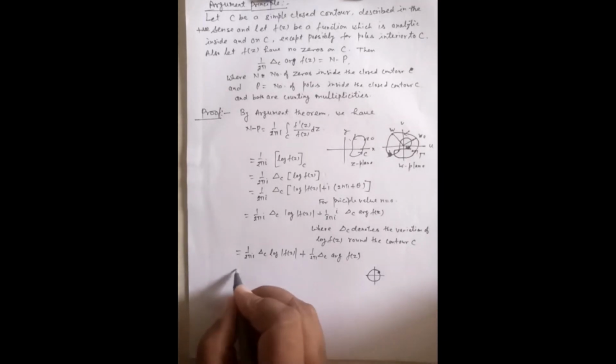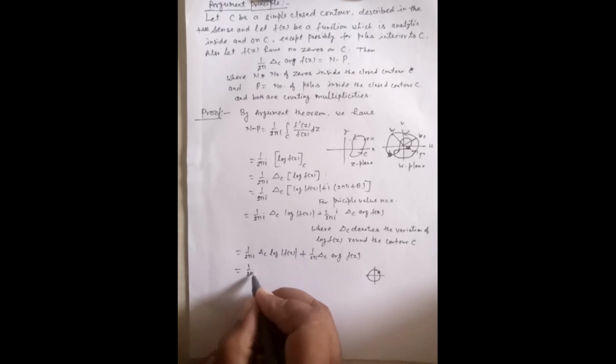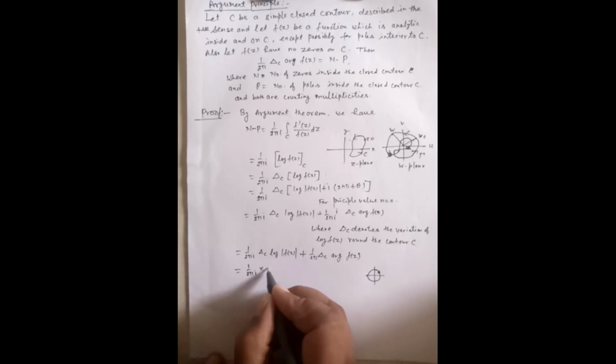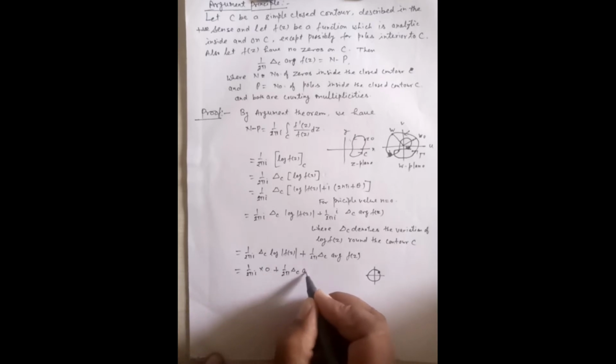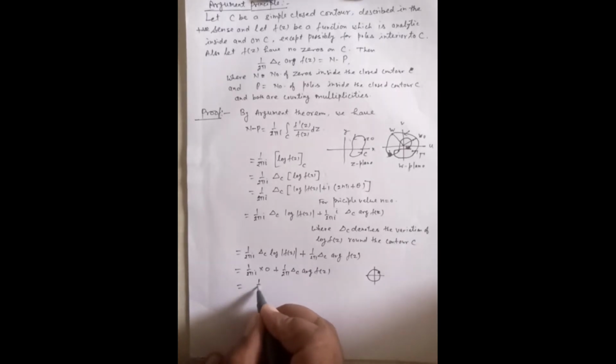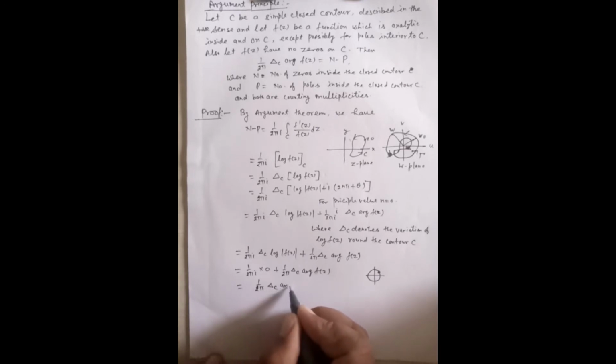So 1 by 2 pi i into 0 plus 1 by 2 pi delta C argument of f(z). So this gives 1 by 2 pi delta C argument of f(z).